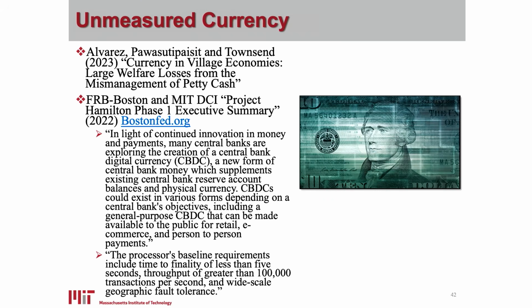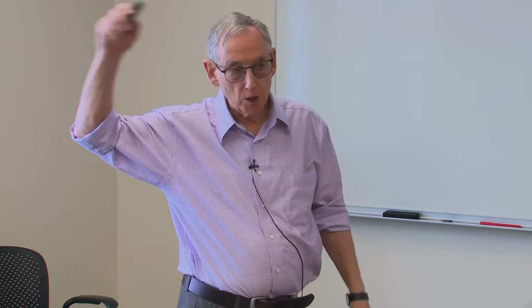And then this Hamilton picture over here is what would have been the digital dollar. And DCI here on campus designed it and implemented the algorithm jointly with the Boston Fed.